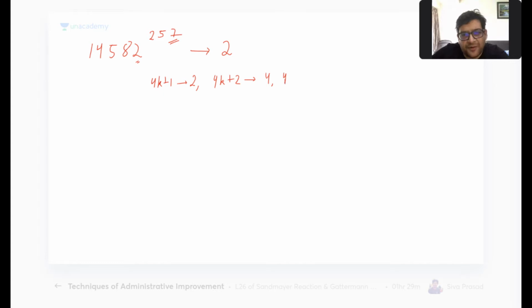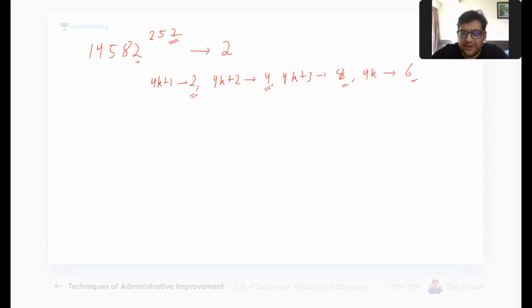If it is of the format 4k plus 3, then my answer is 8. And if it is of the format 4k, that is, it is a multiple of 4, then my answer will be 6. This is the cycle. 2, 4, 8, and 6.